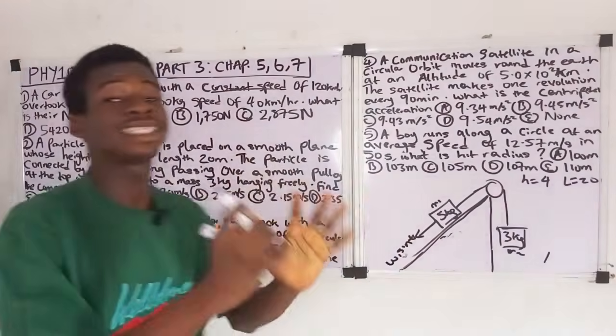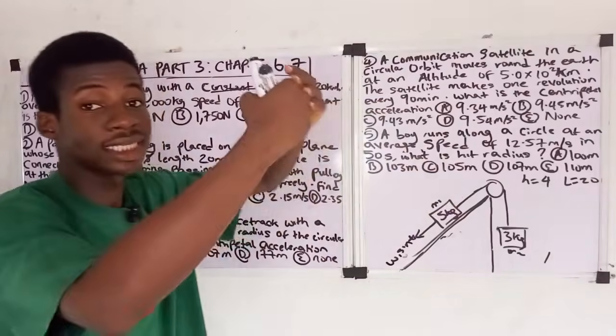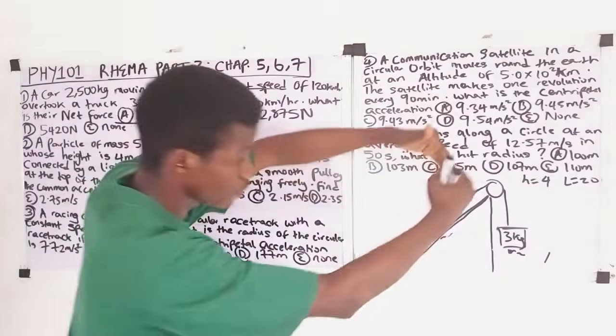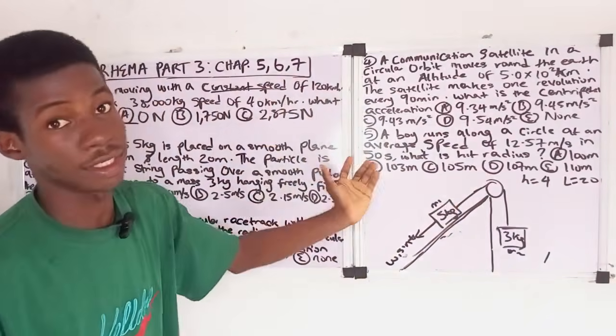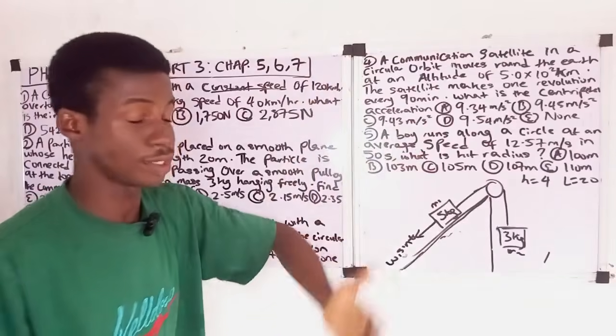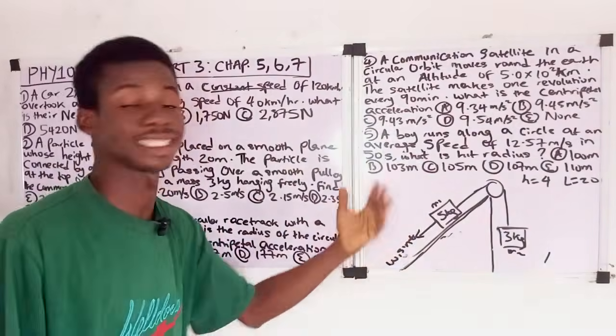Normally when an object is on an inclined plane, there is this downward force that is parallel to the plane, and this force is known as the parallel component of the weight, W1 sine theta.